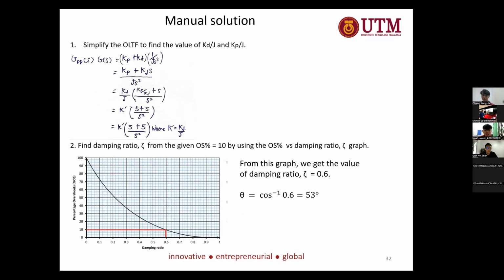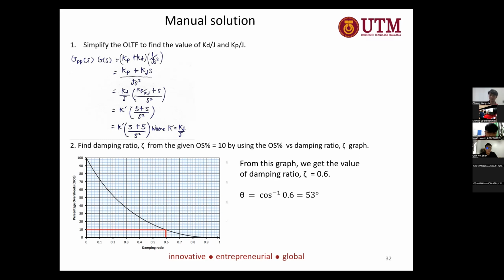Okay, this is my manual calculation. Firstly, I simplify the OLTF, this, KP over this, and then finally this, where K is equal to KD over J. Okay, and then second, I find the damping ratio from the given overshoot equal to 10.